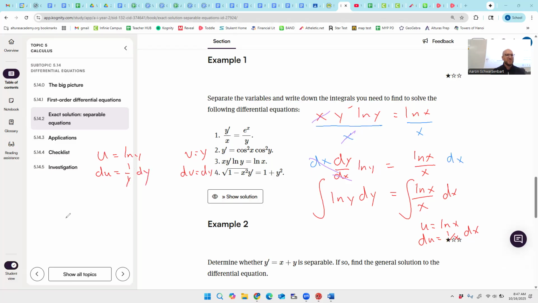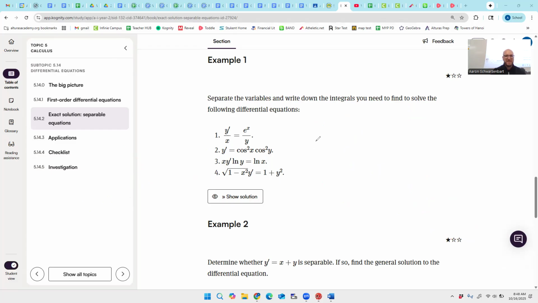And then you have to plug into the formula, that is uv minus integral of v du. It's not so bad once you get it, but I don't need to clog your brains with that. There's enough other things. We good with that one? Yeah. Okay, this last one.